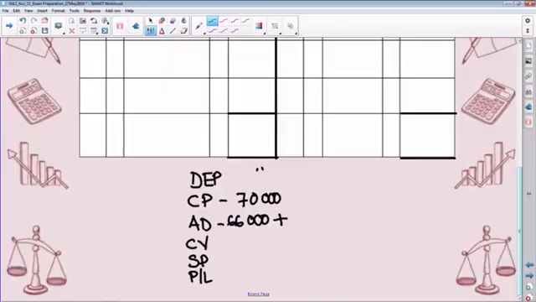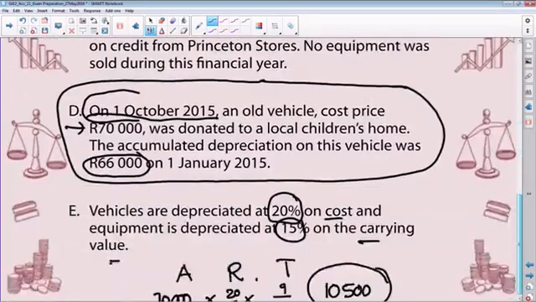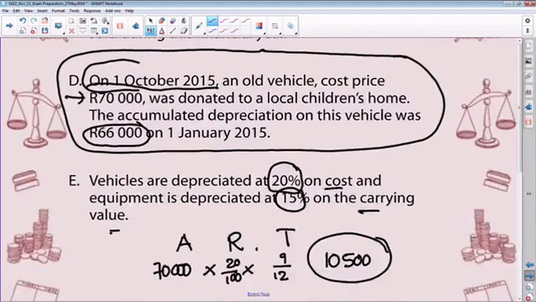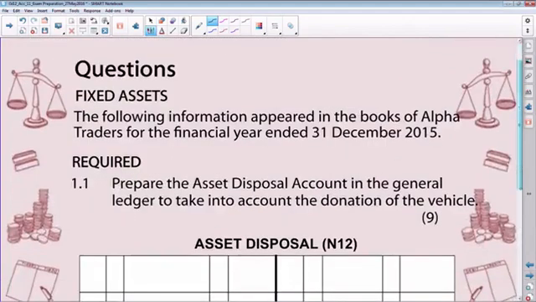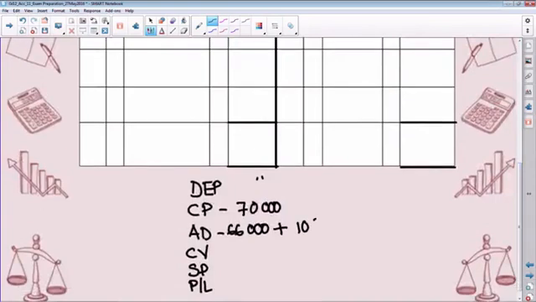If I add my depreciation that I calculated to be an amount of 10,500 to my accumulated depreciation, watch this here, guys, 10,500, and if I add these two, 76,500 would be my total. What do you notice? What are you taking note of here that surely doesn't make sense?